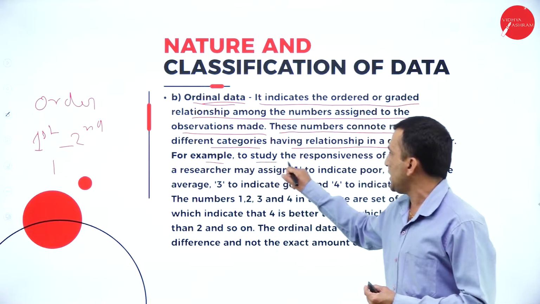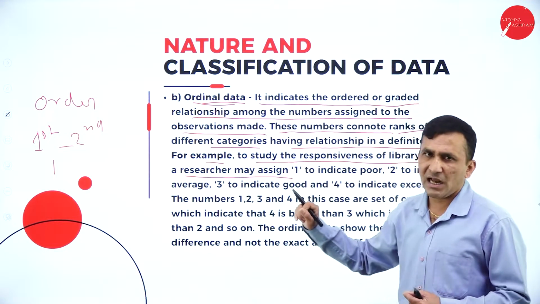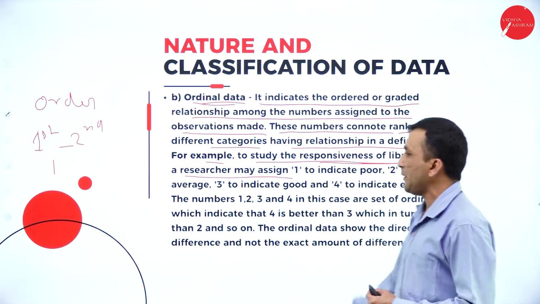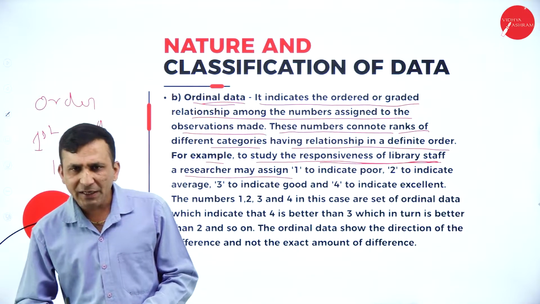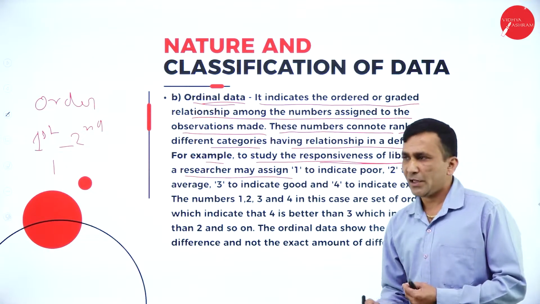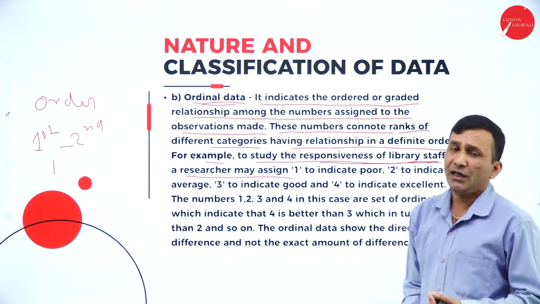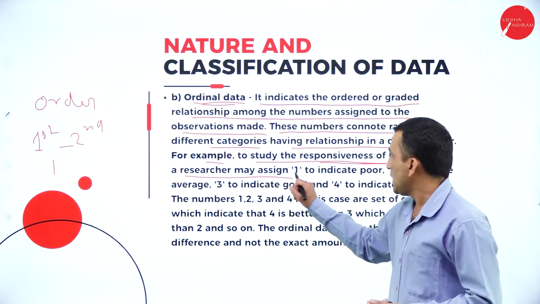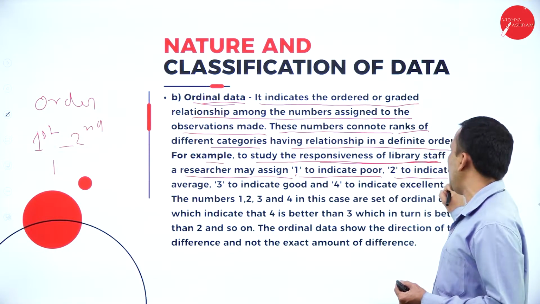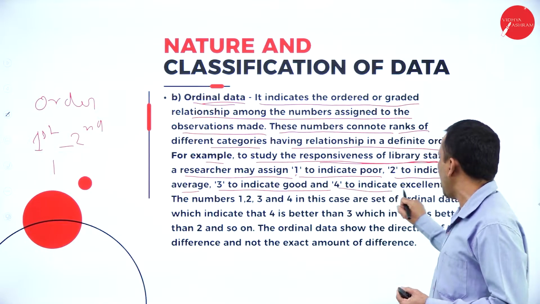For example, in a study of the responsiveness of library staff, there are many readers in the library who come to refer to textbooks or journals. The researcher wants to know how the staff respond, so the researcher may assign 1 for poor, 2 for average, 3 for good, and 4 for excellent.